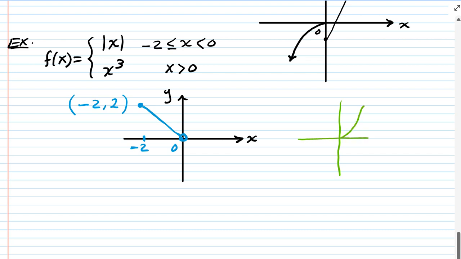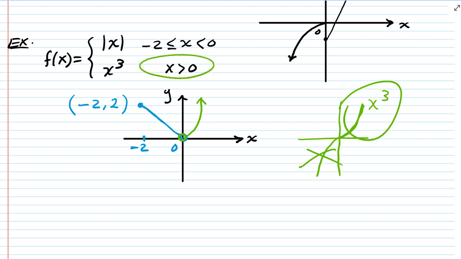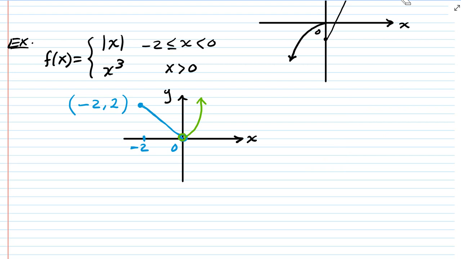Do you remember this one? That was the graph of x cubed from our library of functions. So what I'm going to do is just draw it, and 0 is not included, right? So again, I have an open circle at 0, and it goes to the right side. Looks like this part, and the left side, which is that, we don't need, correct? Because that's not part of the domain. Only for positive x's is it going to look like x cubed. And there we have it.